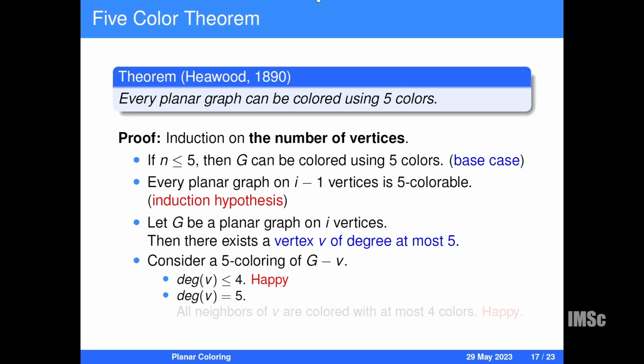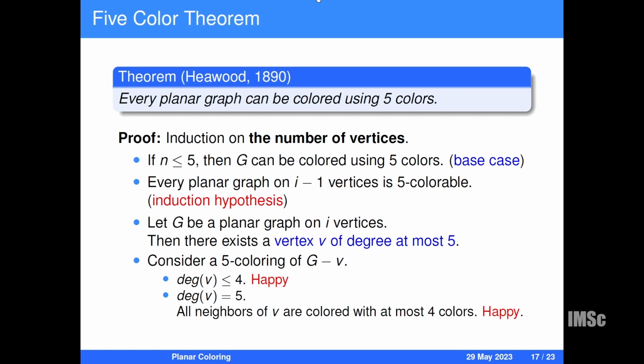So are there any good cases even though we have the degree to be 5? Yeah, suppose that 2 of the neighbors are using the same color. Then there is one color which is missing in its neighborhood. You can assign that color to it and you are done, correct?